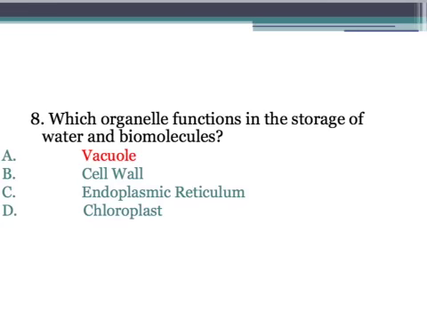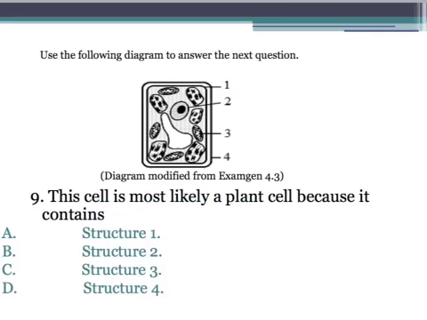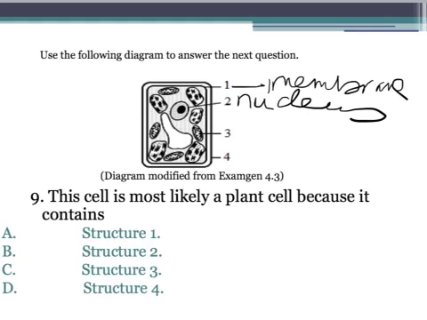Use the diagram to answer the following question. This cell is most likely a plant cell because it contains, what is structure 4 pointing at? Because we know that structure 1 is the membrane, because that's sure what it looks like. And both a plant and animal cell have that. That looks like the nucleus. Structure 3, probably protein synthesis, maybe a ribosome.